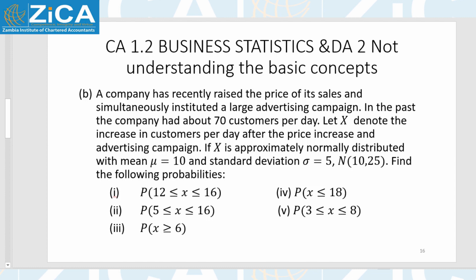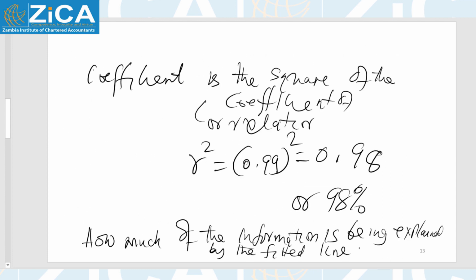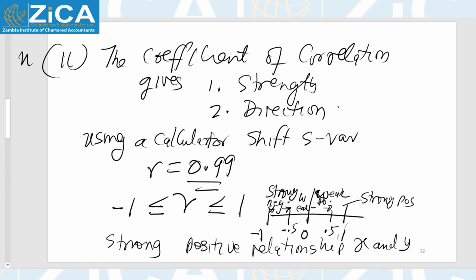5. Again, if you look at this question, this is a standard normal distribution question. And you are given the short form. N stands for normally distributed. The 10 there stands for the mean, mu, and the 25 there, if you are given that short form, stands for the variance. So how do you work out a problem of this nature?